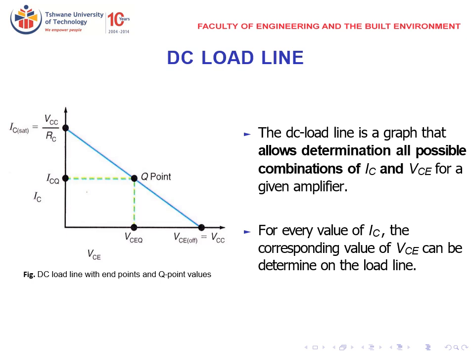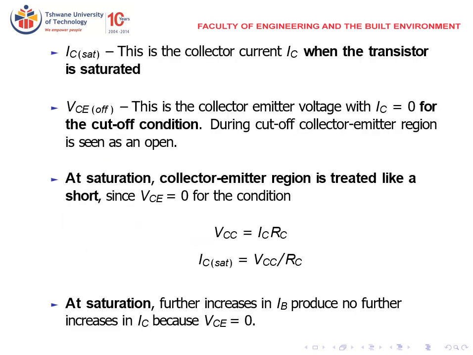Here we have our VCE on the horizontal, then on the vertical we have our IC. Here we can determine the saturation current, the cutoff voltage, and also the Q point of this amplifier.